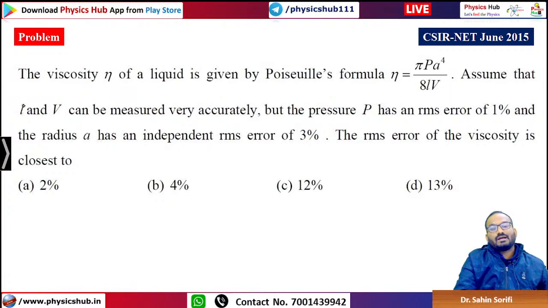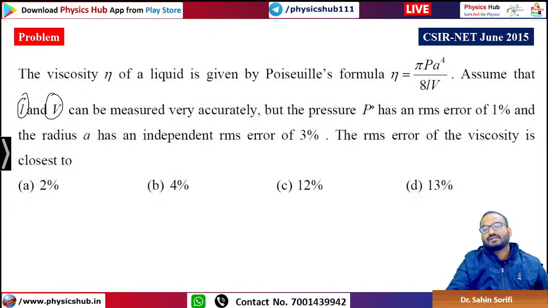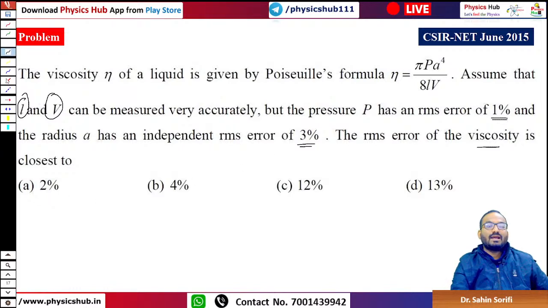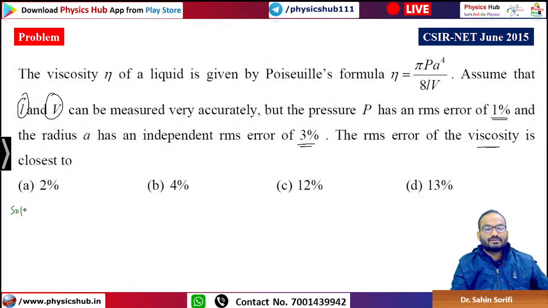Look, L and V can be measured very accurately, but the pressure P has an RMS error of 1% and radius a has an independent RMS error of 3%. RMS error of viscosity. So L and V, if they can be measured accurately, so what we can do, we can say that eta is equal to the error involved in P and a.